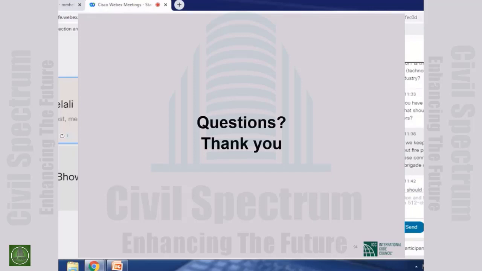The next question is, can we keep a hydrant system without a fire pump connection, but use it for a connection which can be used by the fire brigade? Yes, if you have a very high water supply, like, what do I say, Fakirapur, where there is a very high water tank.